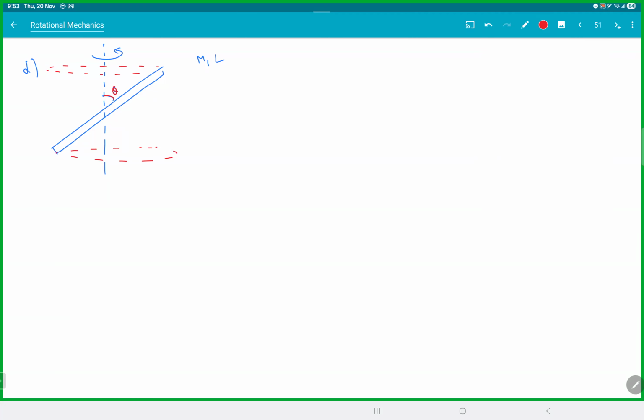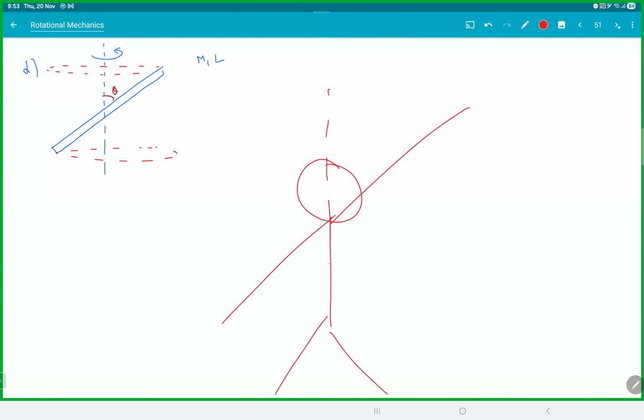Think of it like this. If I stretch my hands like this and rotate around, how will it be? Stretch your hands left and right. Now just tilt them like this. And if you rotate, it's like a person standing with the hands like this, rotating about the center. So this is your rod. Are you able to visualize?